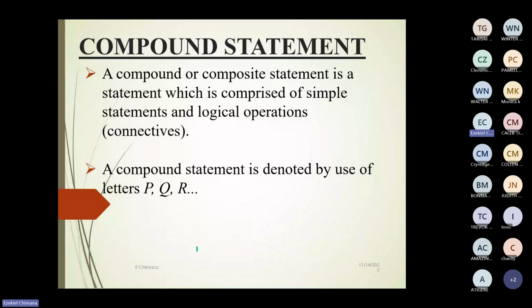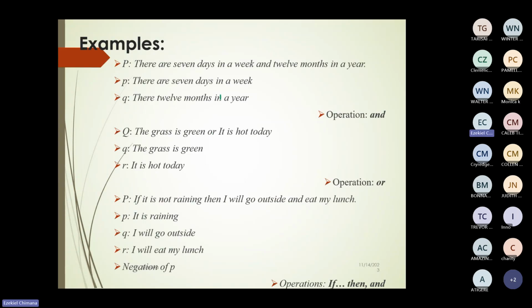A compound statement is denoted by the capital letters P, Q, and R. This one is just an example: "There are 7 days in a week and 12 months in a year."